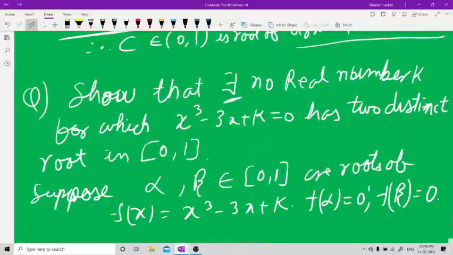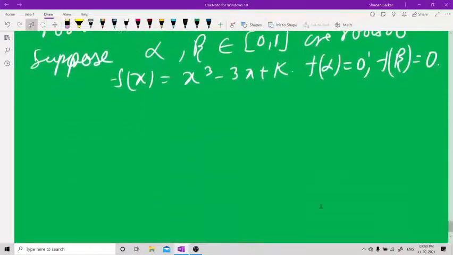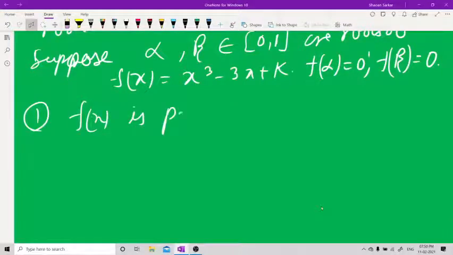Now this is a polynomial, it is continuous, it's derivable in between 0 and 1. Let us do it. Number 1 point: f(x) is a polynomial, so derivable, so continuous on 0 1.